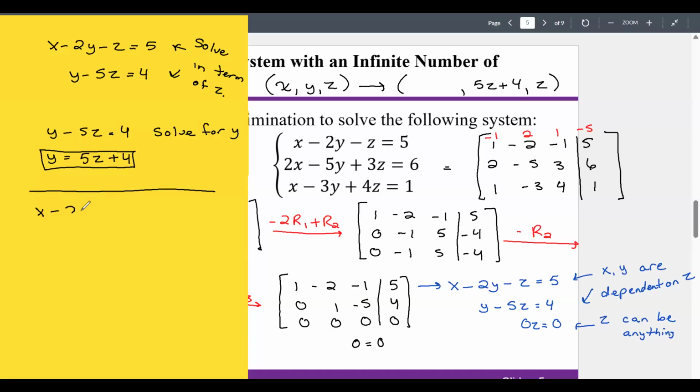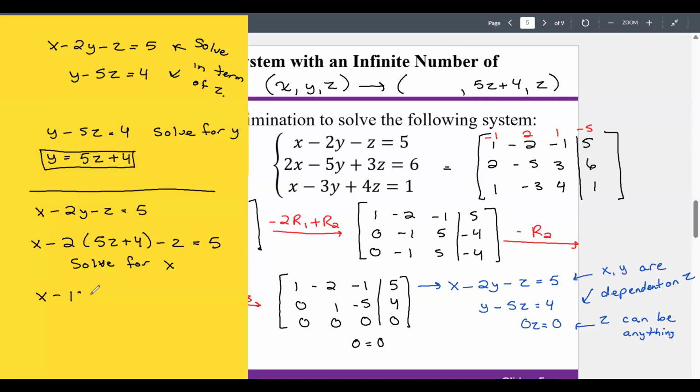So x minus 2y minus z equals 5. We're going to do that back substitution. So this is x minus 2 times (5z plus 4) minus z equals 5. And we're going to solve for x, because I have my z, I have my y, I just need my x.